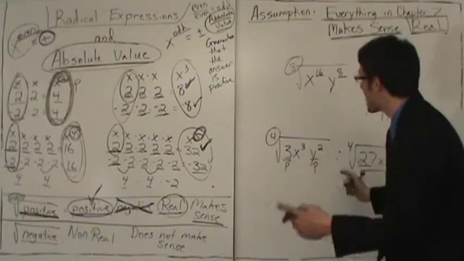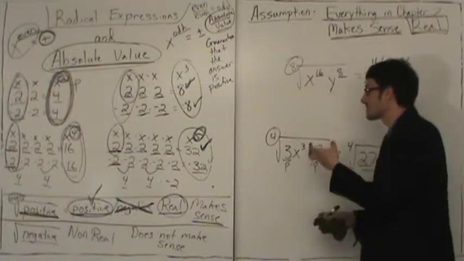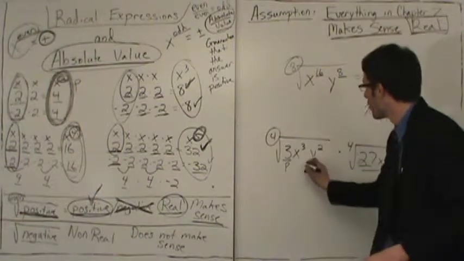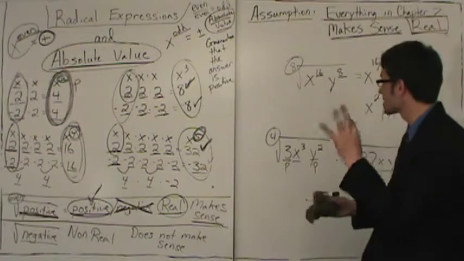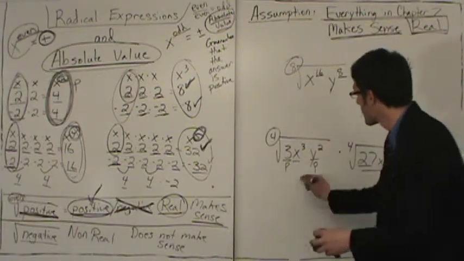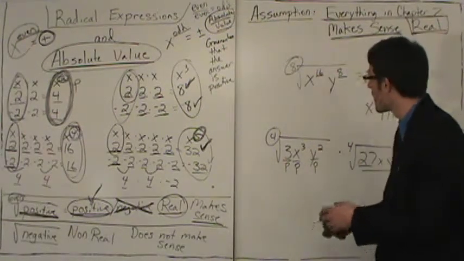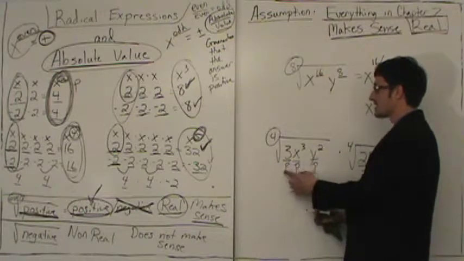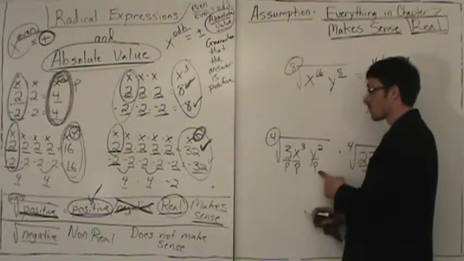Yes, we do. Now we have to, this is a little trickier, so now we have to conclude something about x cubed. What do we know about x cubed? X cubed must be positive. Why? Because in order to have a positive value, we have to have 3 positives multiplied together.